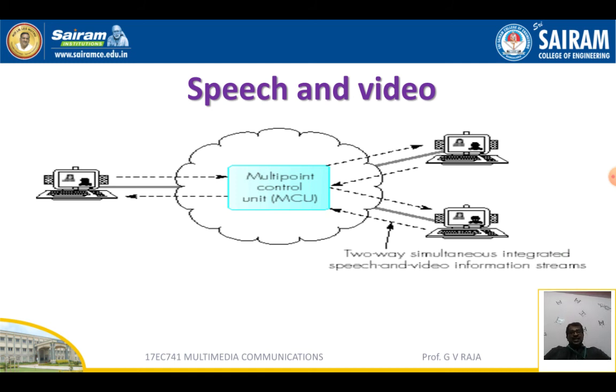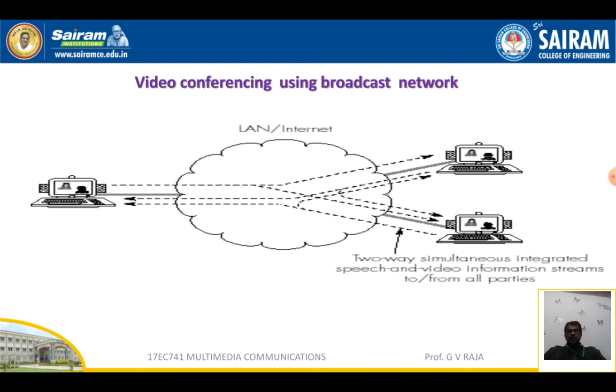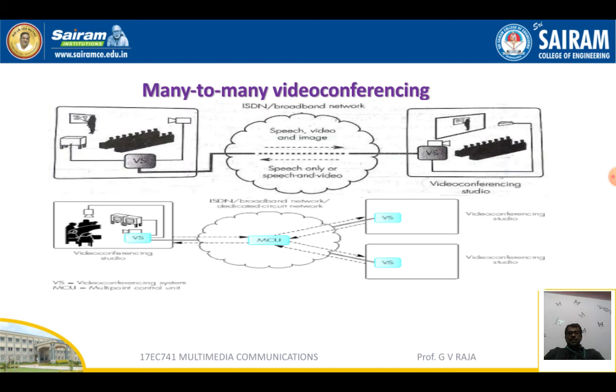That is a voice activated MCU. Whenever the MCU detects that a participant is speaking, it relays the information stream from that participant to all other participants. A single two-way communication channel is needed between each location. The MCU is needed, thereby reducing the communication. This is nothing but video conferencing using a broadcast network. And this is many-to-many video conferencing.